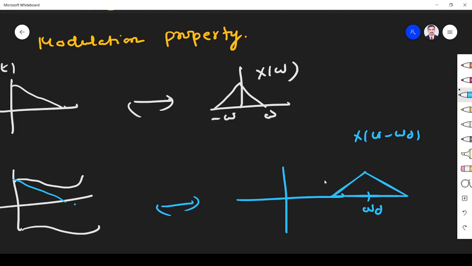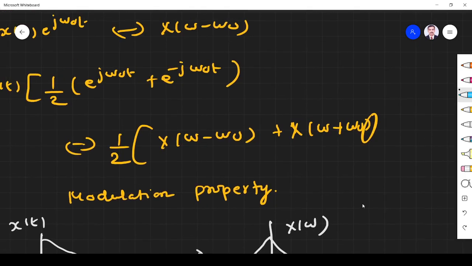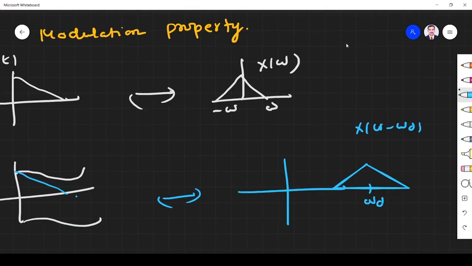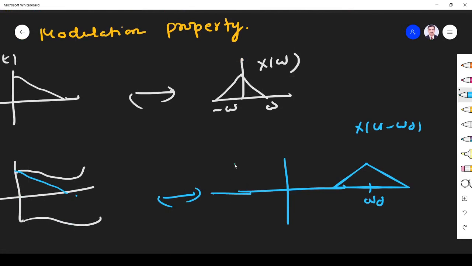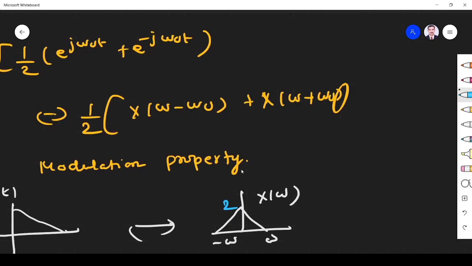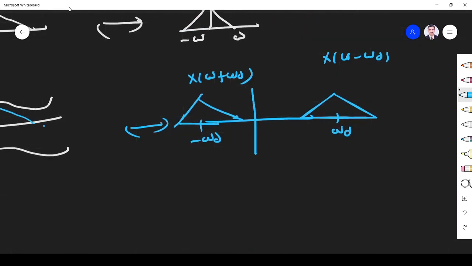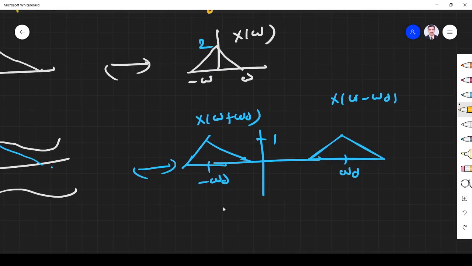Plus X of omega plus omega naught, which means it will come to the left hand side, at minus omega naught. This we know from time shifting, so this is frequency shifting. Another thing: if the amplitude is 2, the amplitude is reduced by half, so 2 divided by 2 is 1. That is another thing we must remember, otherwise you may forget.